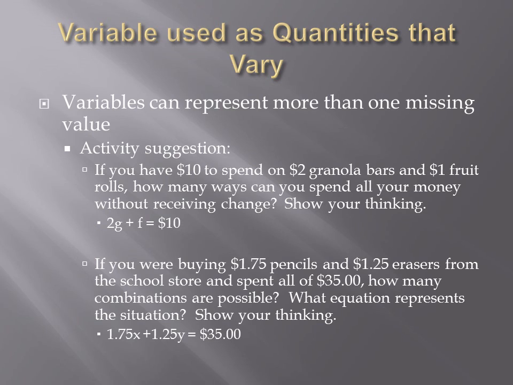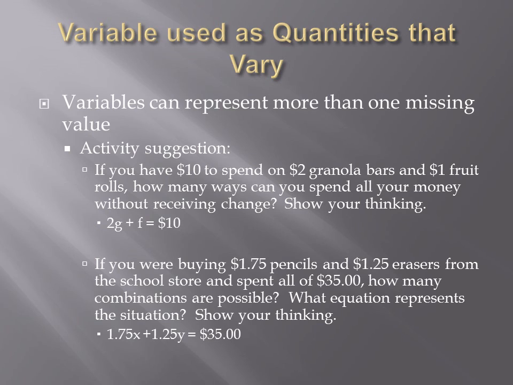To begin exploring this problem, students record data in a table and can look for patterns. They notice that when the number of granola bars changed by 1, the number of fruit rolls changed by 2. This representation would look like 2G plus F equals $10, where G is the number of granola bars and F is the number of fruit rolls.